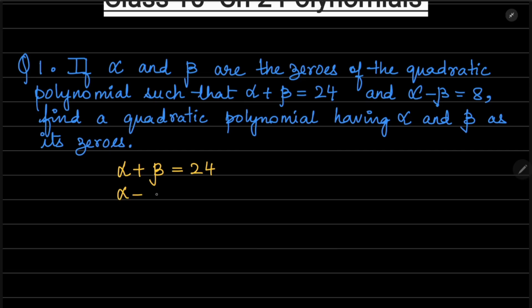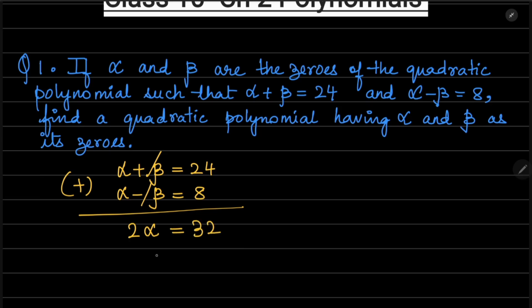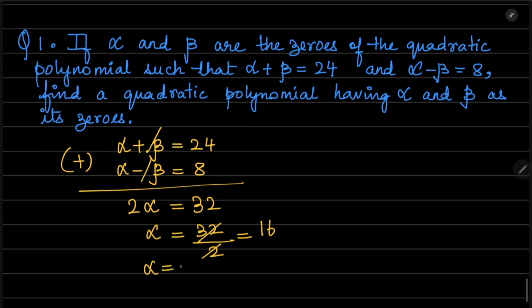You are also given alpha minus beta is nothing but 8. Just add them. When you add them, beta and minus beta get cancelled. Alpha plus alpha is 2 alpha is equal to 24 plus 8, which is 32. So alpha is equal to 32 divided by 2, which is nothing but 16. So alpha is nothing but 16.